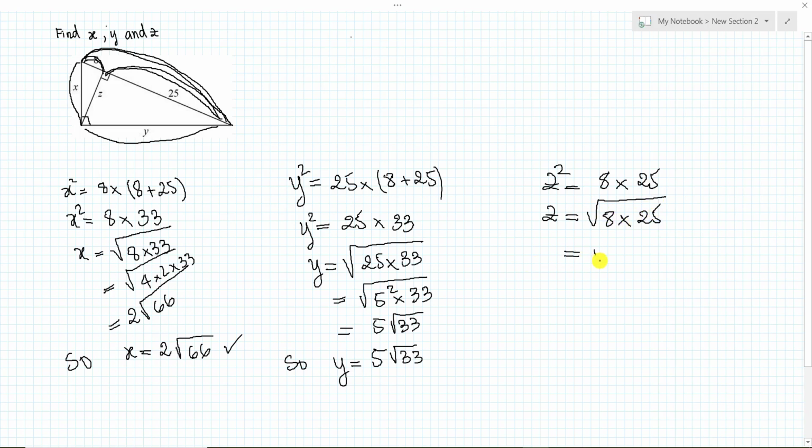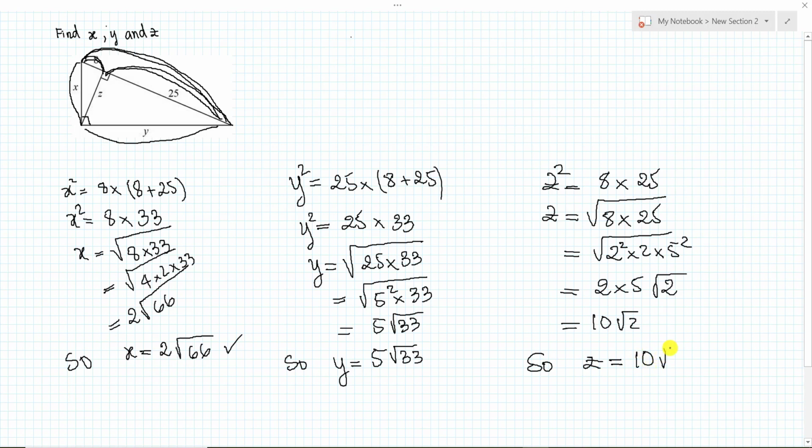And then we can write 8 as 2 squared times 2, and 25 as 5 squared. And we get 2 times 5 square root 2. And we get 10 square root 2. So z equals 10 square root 2.